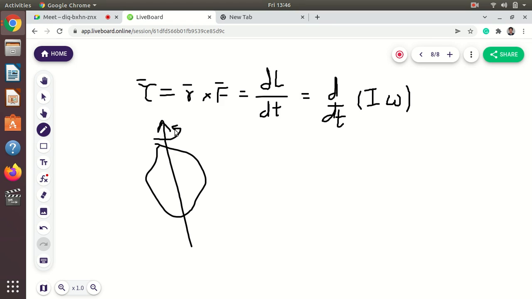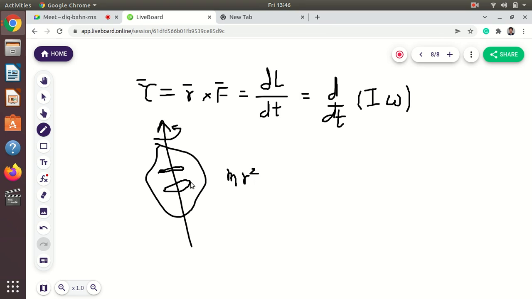The particles on this axis are not moving, but all other particles, let's say this particle, move in circular motion around this axis. So whenever we talk about I, the moment of inertia, we talk about m_i r_i square.